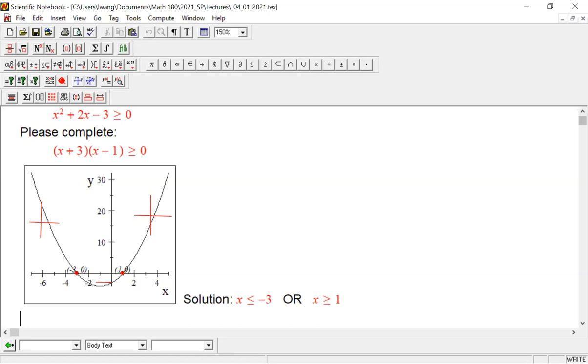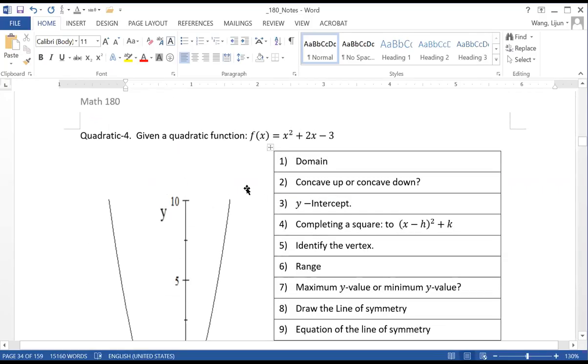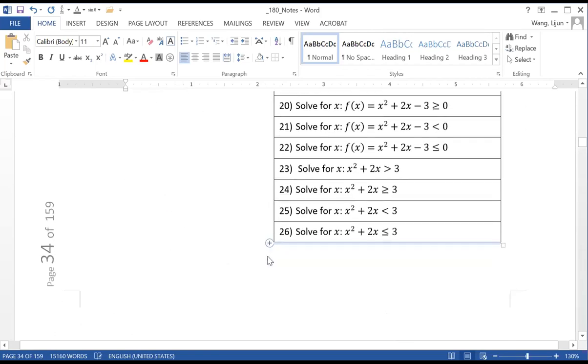Okay, so we did quadratic 4. Quadratic 4 is here, right? And let me show you the screen. You know what I'm talking about, right? Okay, so let's have a new share. Okay, this was quadratic 4. We did quadratic 4 from the beginning to end, right?